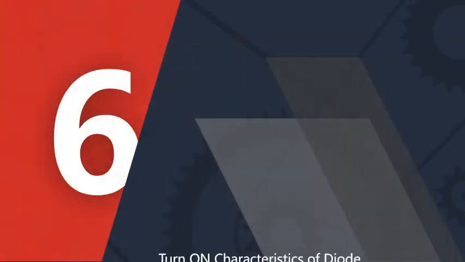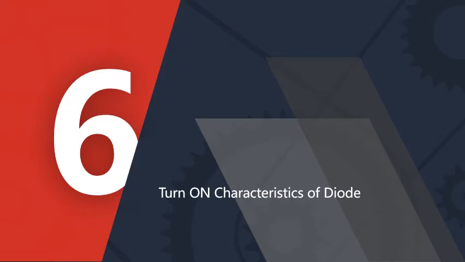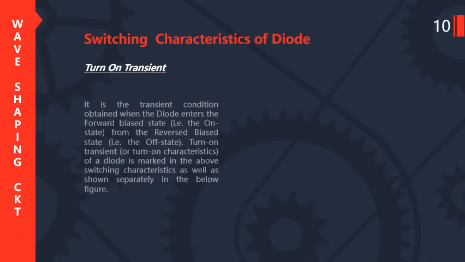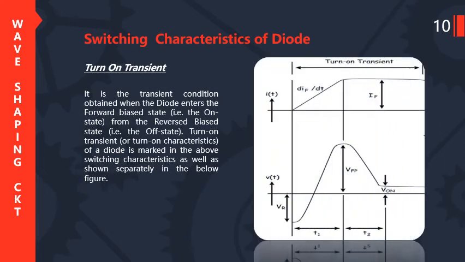So the next topic is turn on characteristics of the diode. It is the transient condition obtained when the diode enters the forward bias state from the reverse bias state.